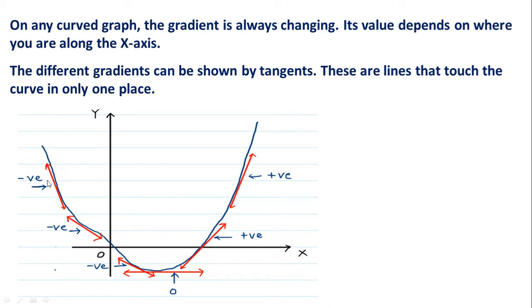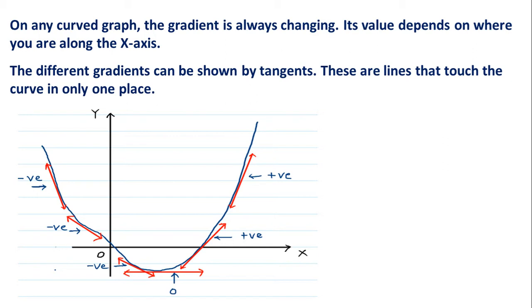So everywhere, whenever you draw the tangents at every point on this curve, then the slope of the tangent is changing. So that means the gradient of curve graph is always changing. It depends on the point, it depends on the tangent where it touches the curve.